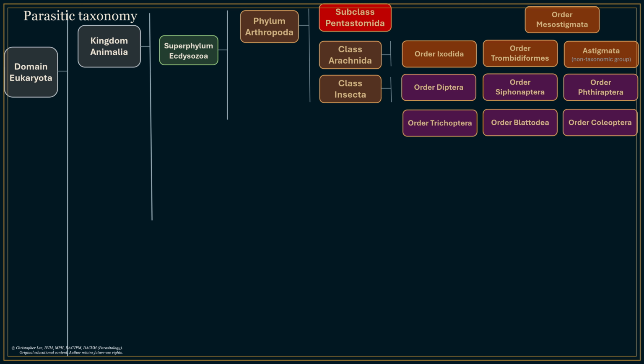If you have a friend named Zoe, the name comes from the Greek word for life. Same neighborhood of Greek word roots, slightly different usage here. This branch includes arthropods and nematodes, two of the most important groups in veterinary parasitology. We will begin with arthropods because they include ectoparasites, vectors, and several parasite-adjacent organisms that veterinarians need to recognize.